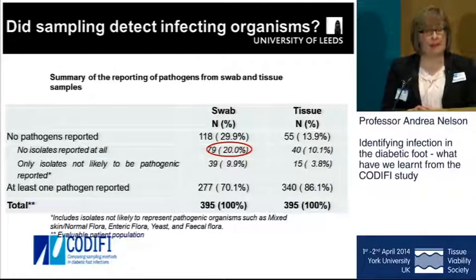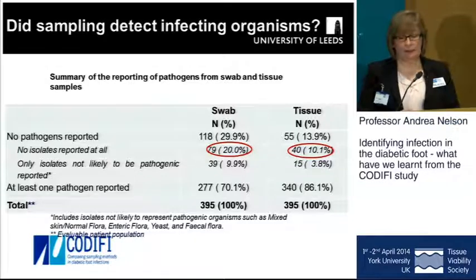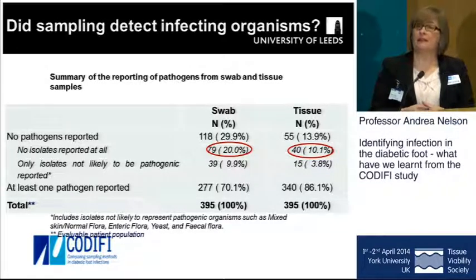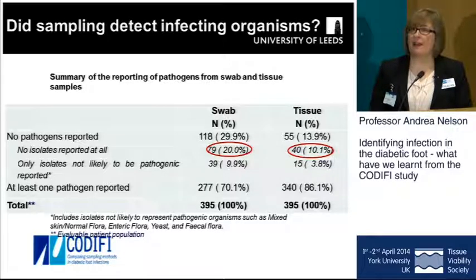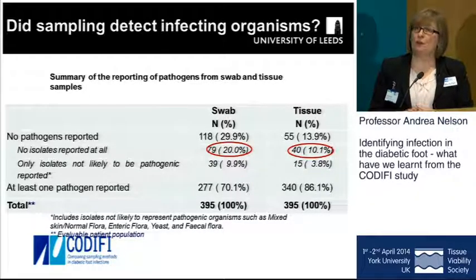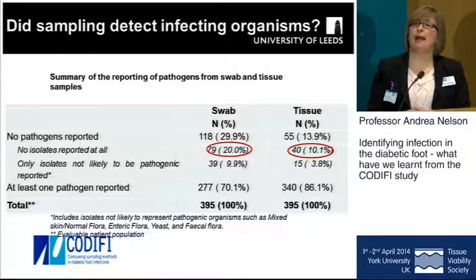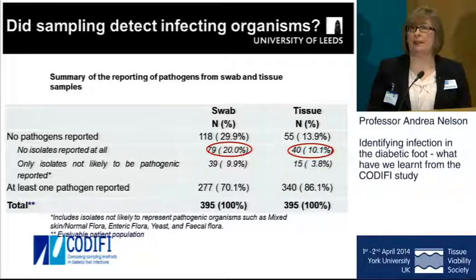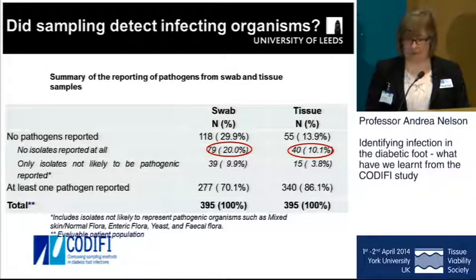And this was the same for 1 in 10 of the tissue samples. So whilst the clinician had diagnosed infection, when the swab or the tissue was analysed by the lab, in a significant minority of patients, the report came back as not having any isolates whatsoever.